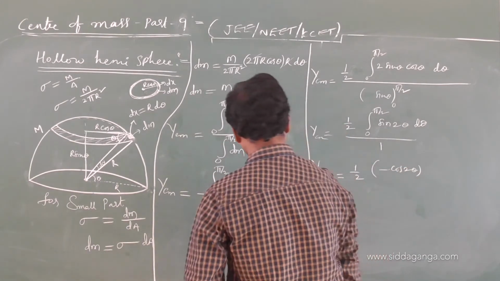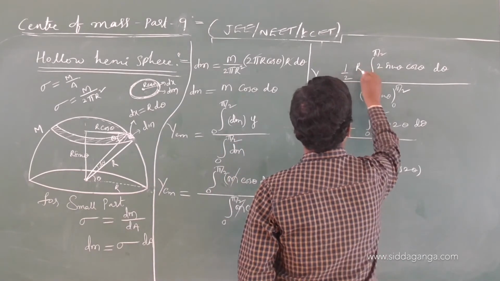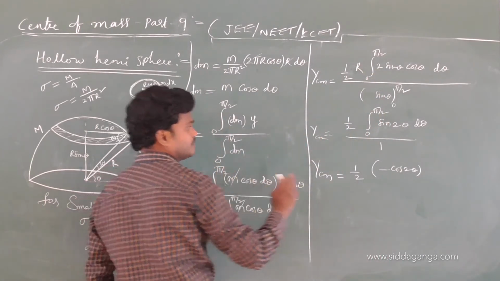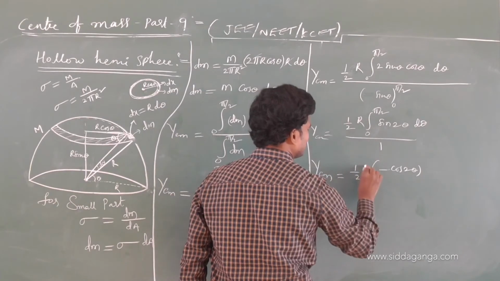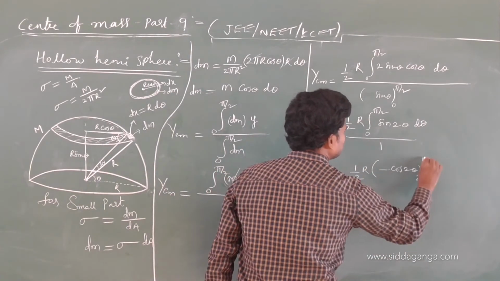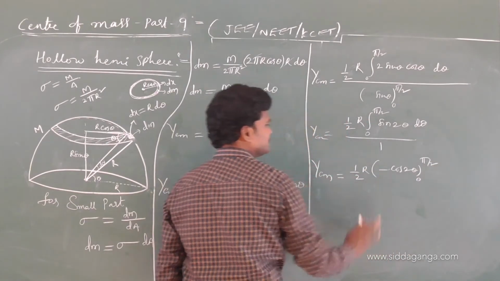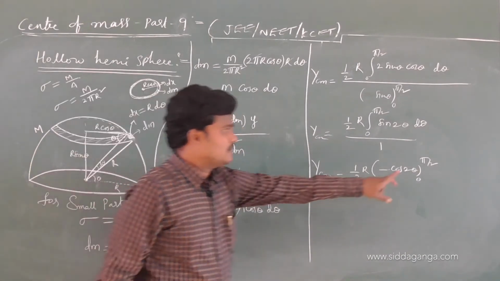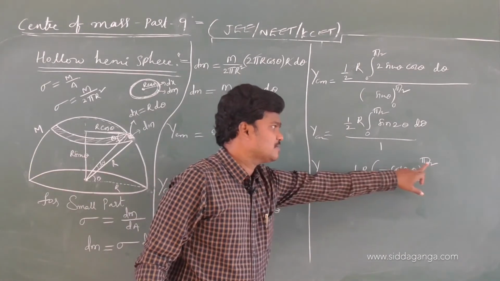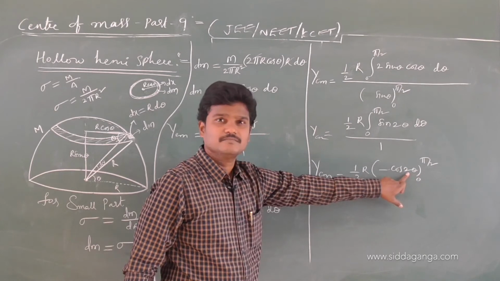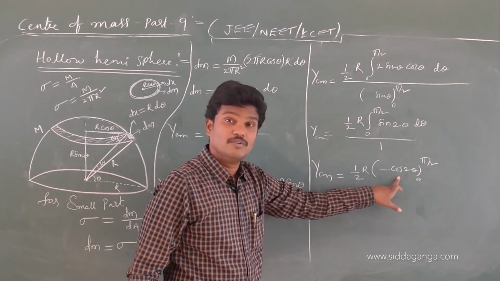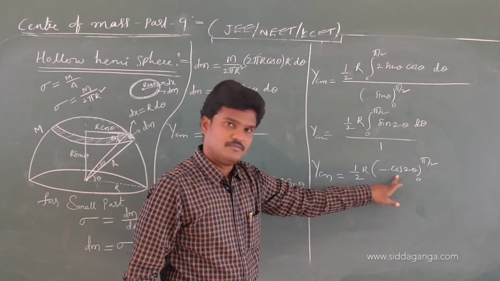Anywhere r is missing? Yeah, r you write outside. This r is there, write outside, 0 to pi by 2. Substitute. Okay, write minus outside. Substitute cos, this is 90, 0. Cos 0 is 1, but minus is there.